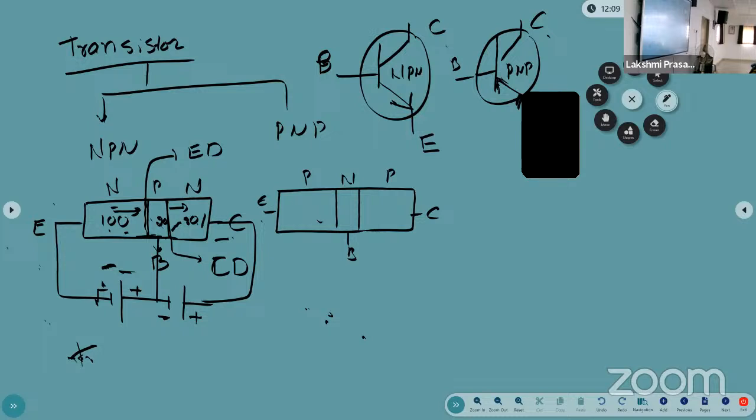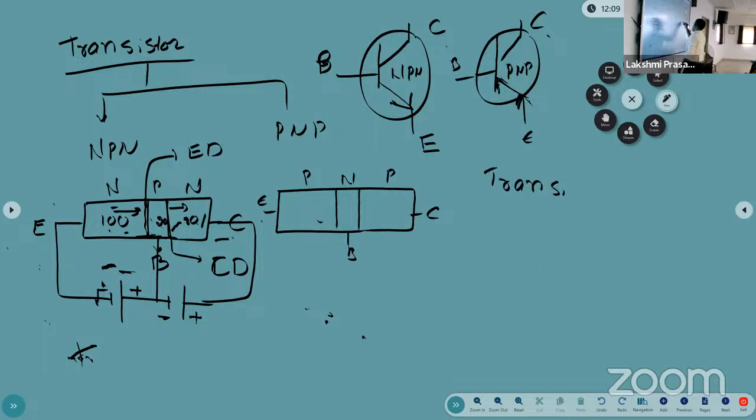In common base, what is the input terminal other than common? What is the input terminal and what will be the output terminal? Transistor configurations.